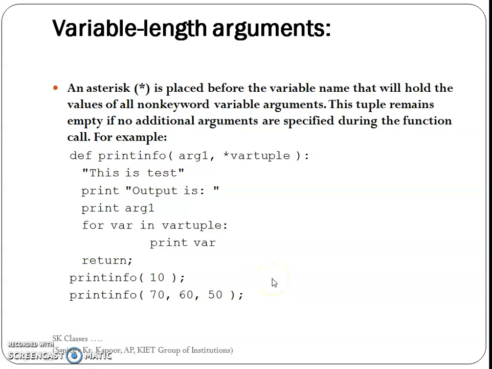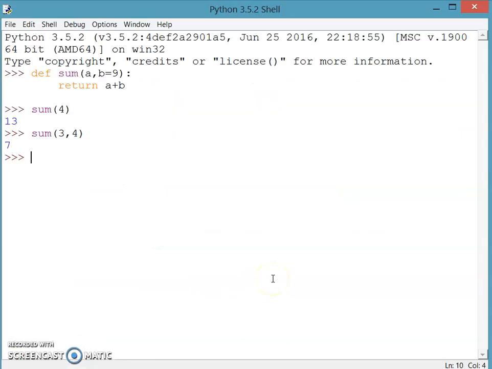Let me do one more demo example on this variable length argument. For example, the same function, here in place of b equals 9, I write star b. Let me name this function display. So display a, star b means we can display one value or more than one value.